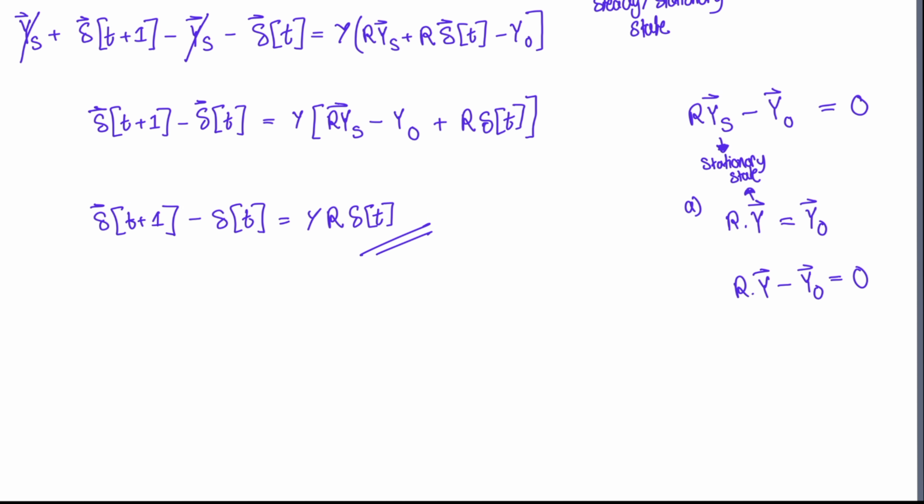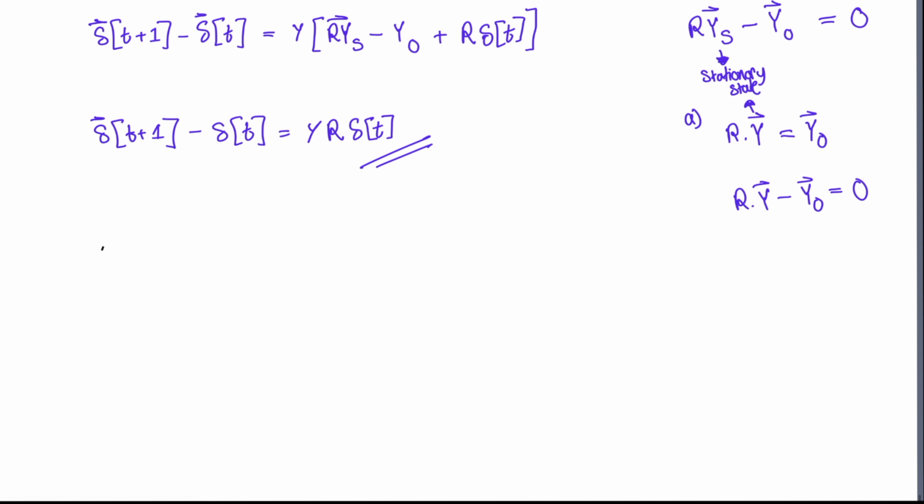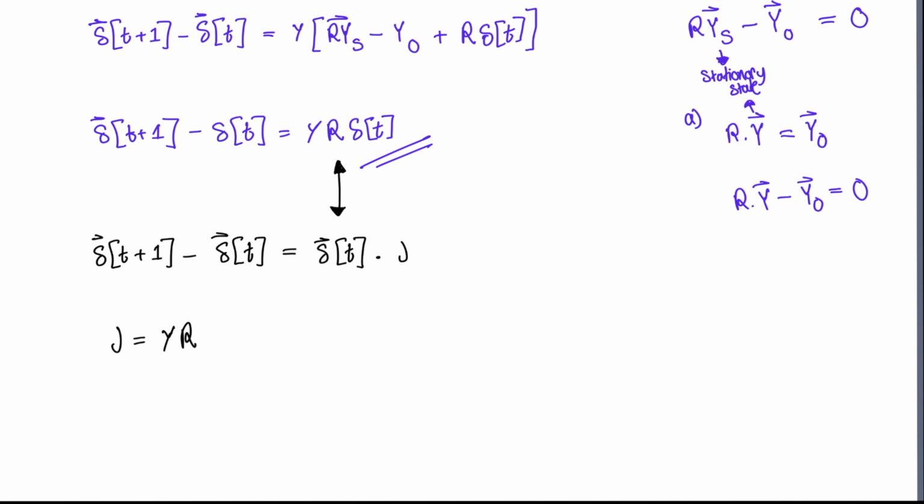So we have this. If I now write down what's given in the question, which was delta t plus 1 minus delta t is equal to delta t multiplied by the Jacobian, and compare these two, we can see that the Jacobian must be equal to gamma r.